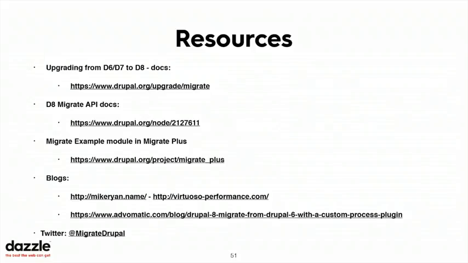You should also check out the blog by Mike Ryan. It has 2 URLs. I think the second one is his current blog. And if you are on Twitter, follow the Migrate Drupal handle for regular updates on the Migrate initiative. If there are big improvements or big things that need to be worked on, they get announced there.